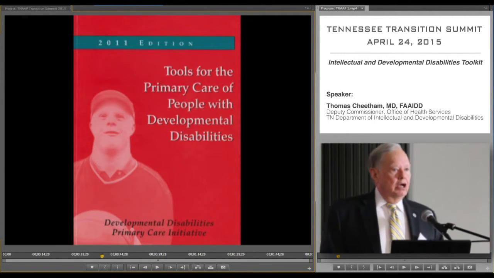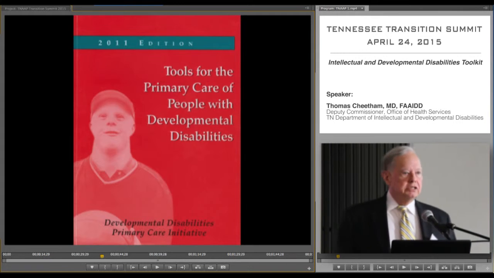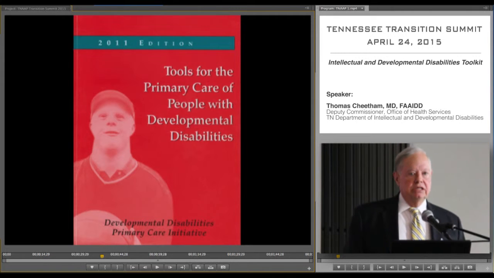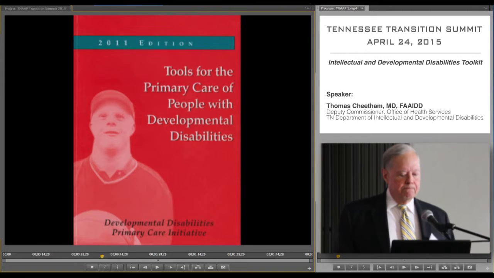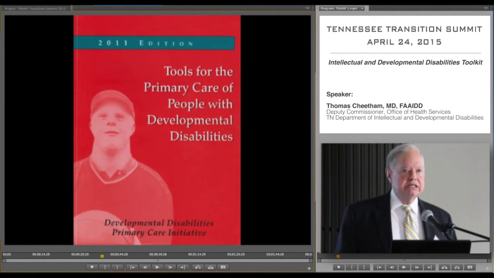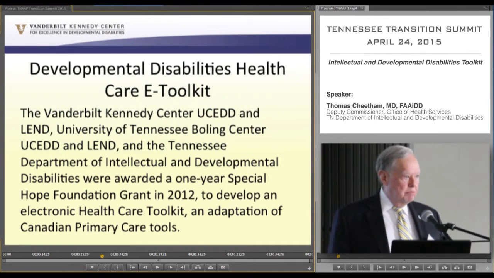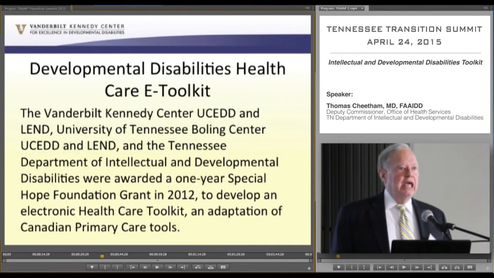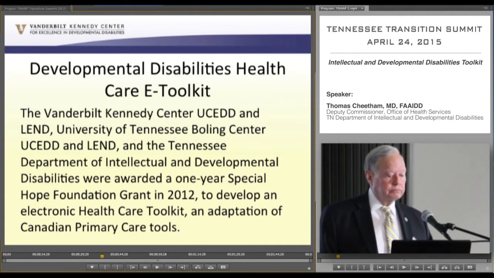So, we have all these wonderful guidelines that physicians are going to ignore, and we wanted to teach people, so we developed tools, and they actually were published as a book. And it was from those that we got a grant here in Tennessee to convert some of them to be made in Tennessee, so reflect things like ADA and so on, and to make them electronic.